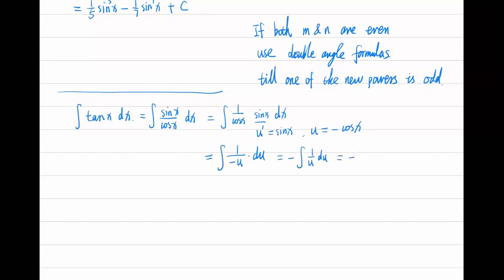Okay, so again, how do you integrate this? 1 over u du. And Sophia, what do you see?